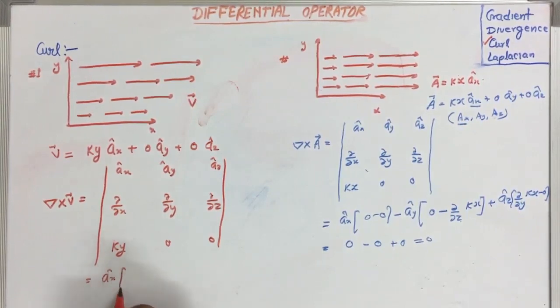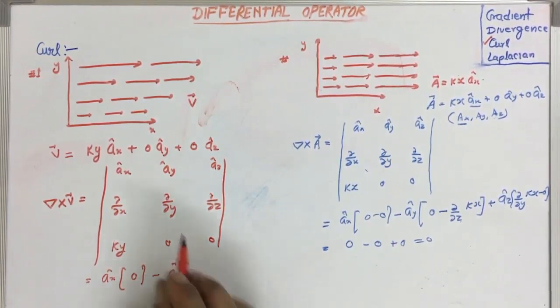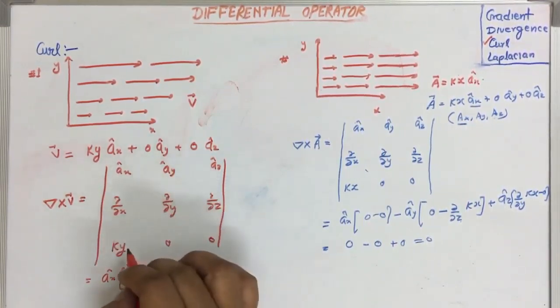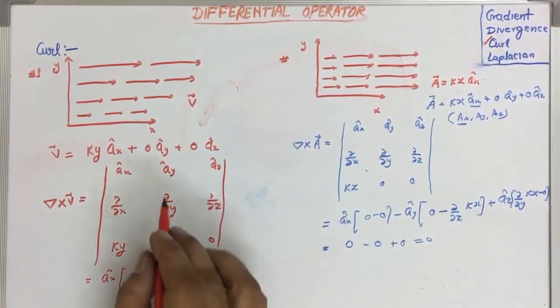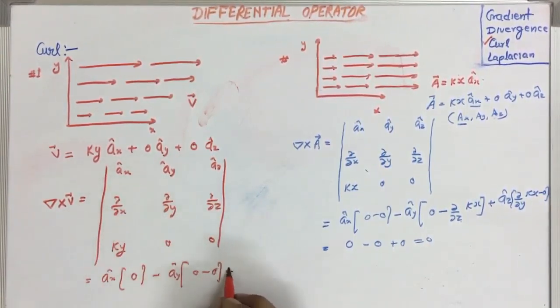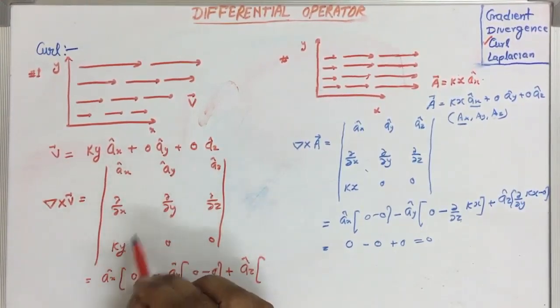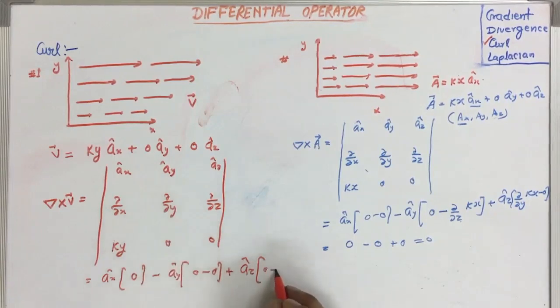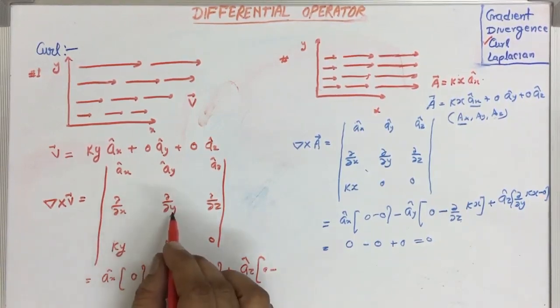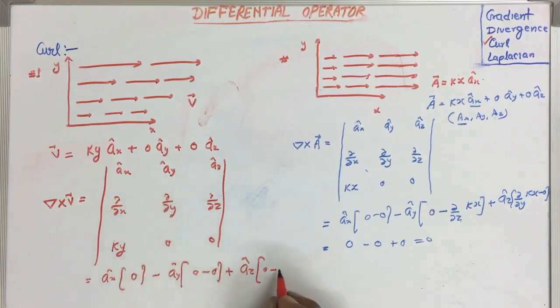In that case it will be ax 0 minus 0, minus ay, if you take ay, then it will be 0 minus 0, plus az, it will be 0 minus ky differentiated with respect to y, which will give you k. So 0, 0, plus az with minus k.